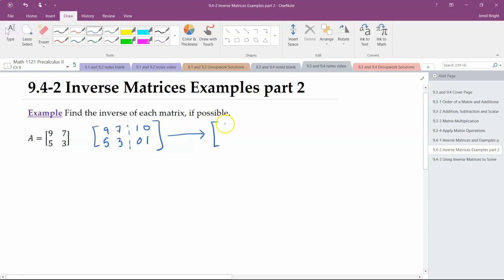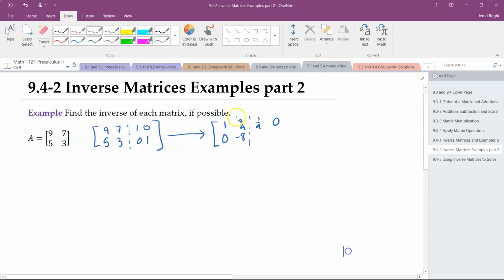So again, I want a 1 here, so that'd be 7/9, and 1/9 here, 0. So divide the first row by 9, and then I'm going to take -5 row 1 plus 9 row 2, or vice versa, but you end up with 0 there. -5, so -35 plus 27 is -8.